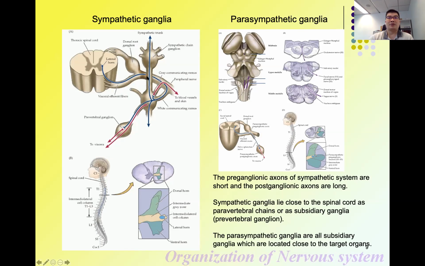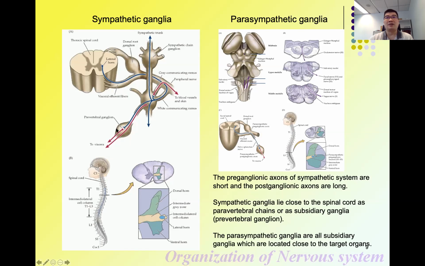Most of these are so-called paravertebral. Paravertebral means that it's next to the spinal cord. Okay, we will have some better pictures to show you later. Now there are one or two of those in the sympathetic nervous system that are a little bit different.